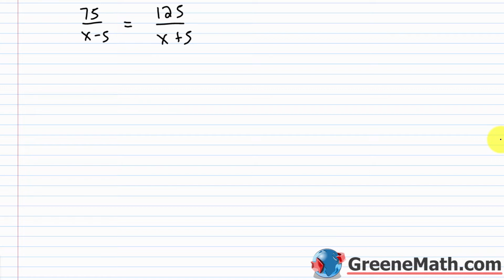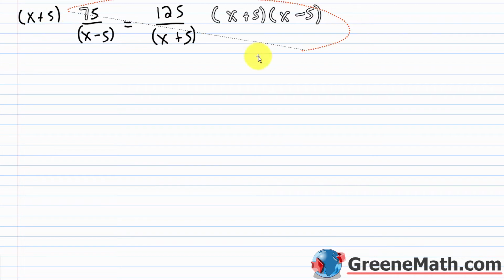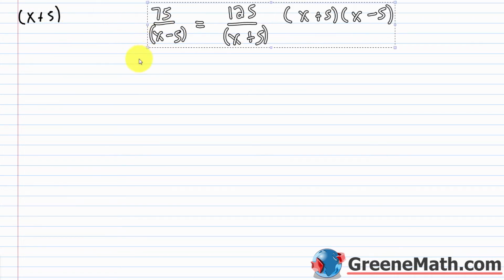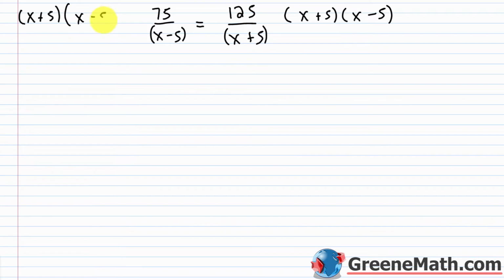All right, so we can use the LCD method, or we can realize that we basically could just cross multiply here. Whatever you want to do, cross multiplying would be faster. But let's use our LCD method so we get some practice with that. The LCD would be what? It would be x minus 5 times x plus 5. So I'd multiply this by x plus 5 times x minus 5, and over here by x plus 5 times x minus 5.